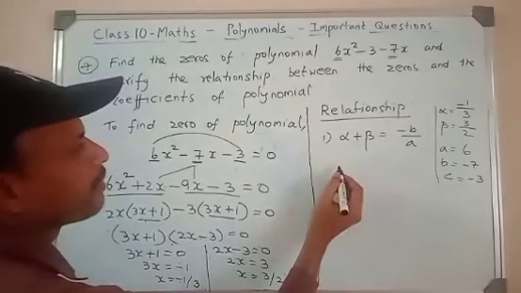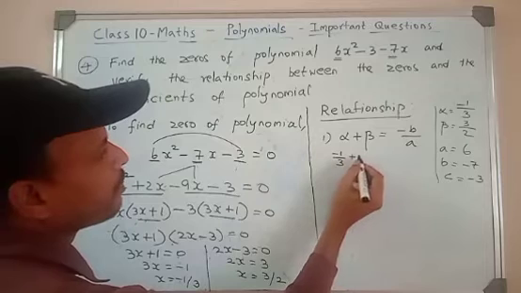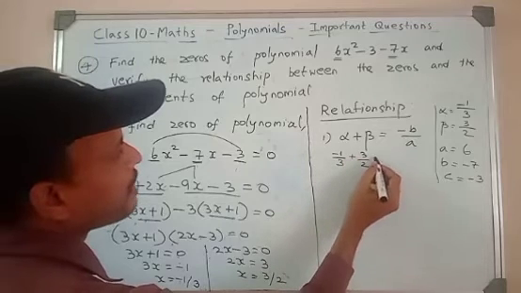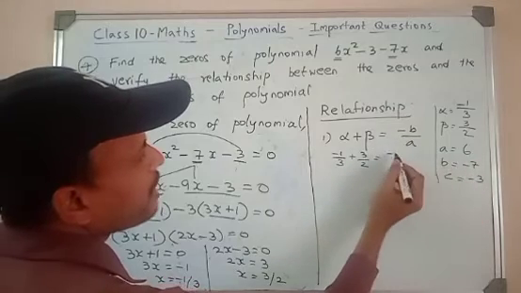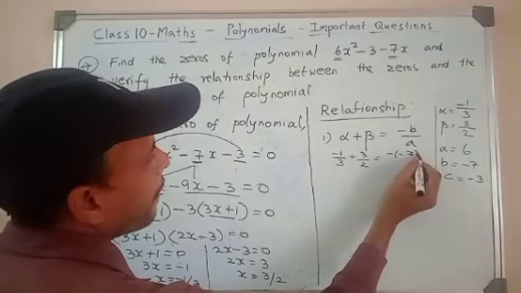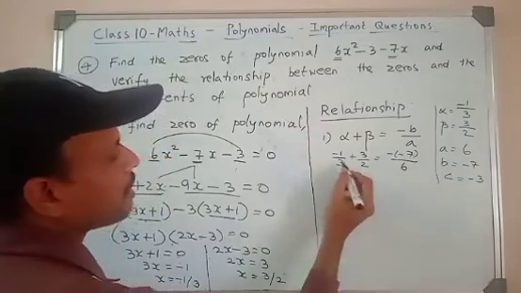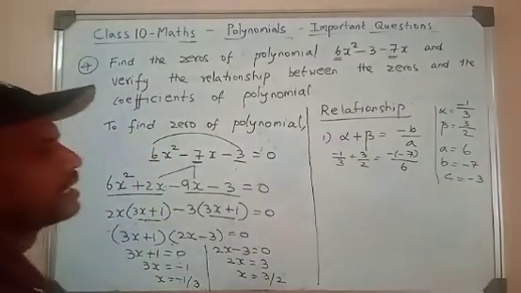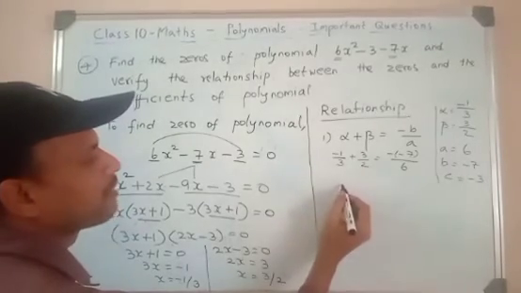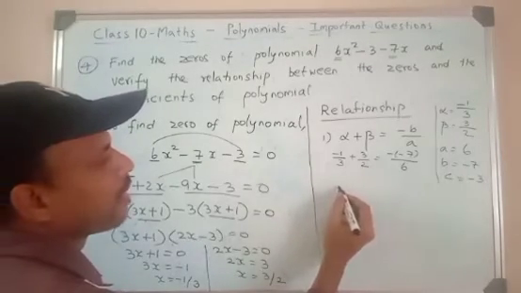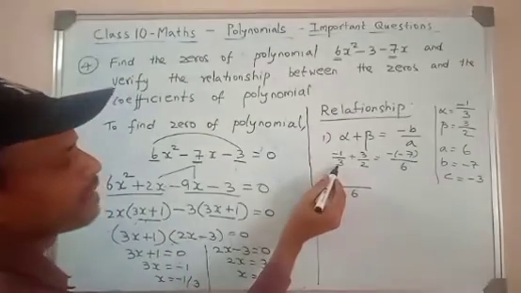Alpha plus beta: alpha value minus 1 by 3, beta value 3 by 2, is equal to minus b. Minus b value is minus of minus 7, a value is 6. Now I have to simplify both sides. Here 3 and 2 we have in the denominator, so if you take the LCM, the LCM is 6. Now to make it 6 you have to multiply by 2.